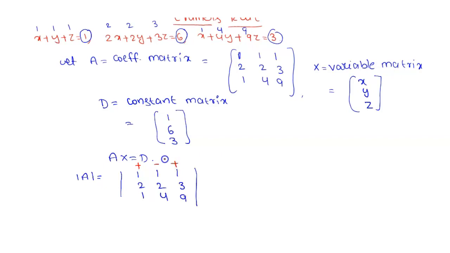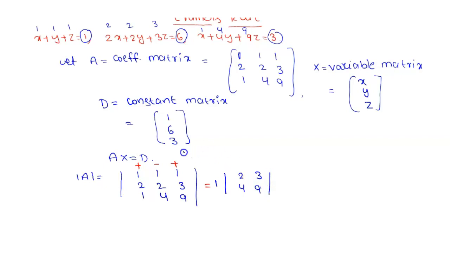This is the order. So this is equal to 1 into, first row, first column eliminated. Leftover values are 2, 3, 4, 9.